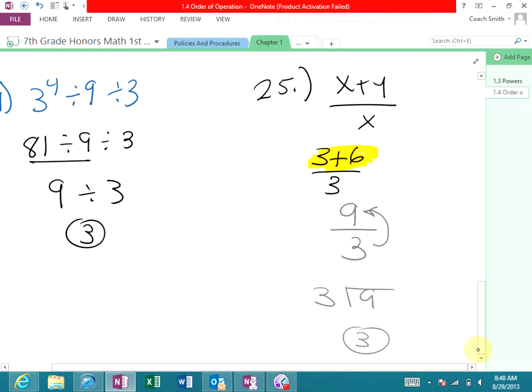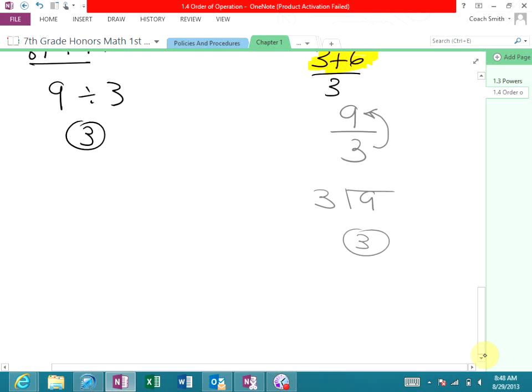All right. Here's what we're going to do for homework. We have 1.4. We're going to do 15 through 29.